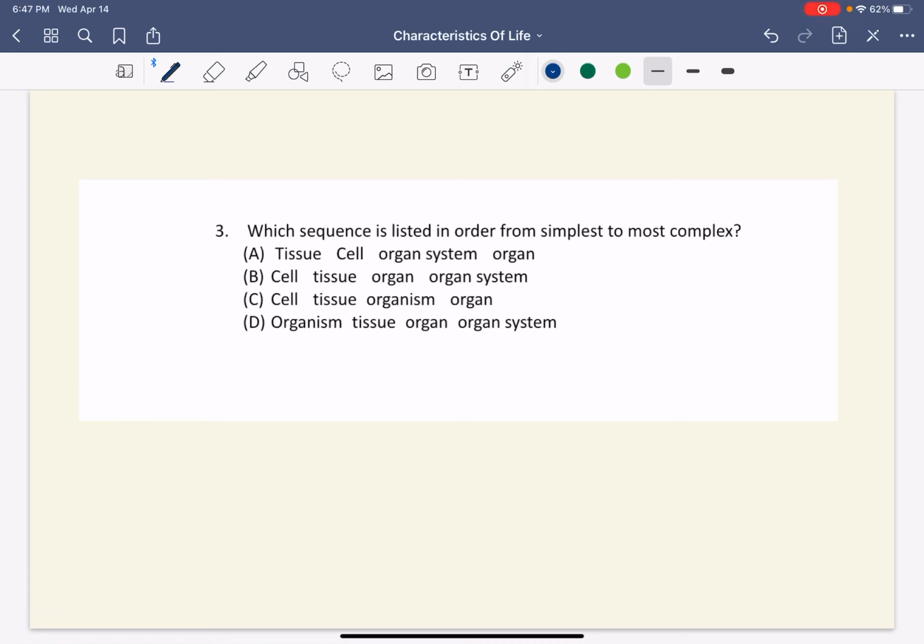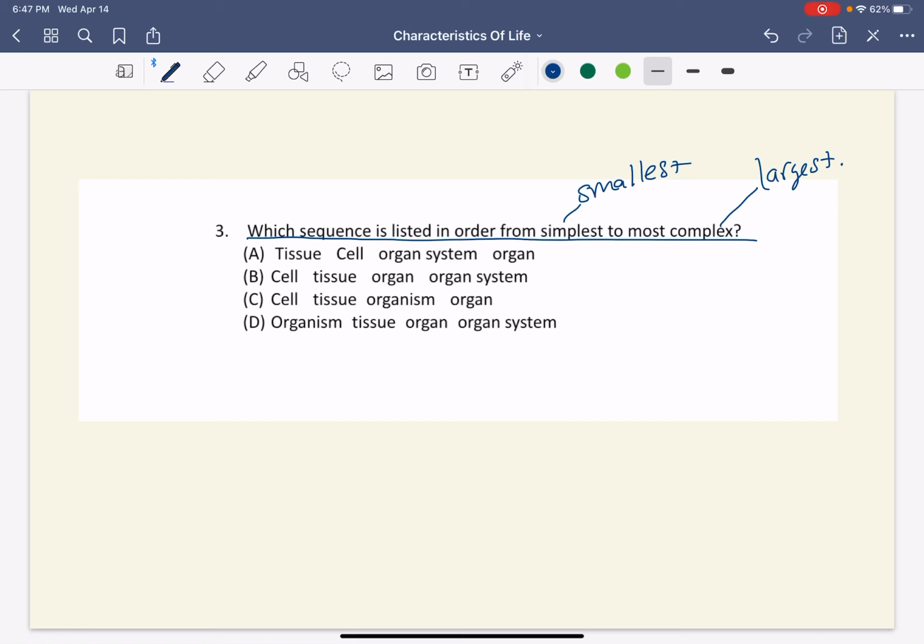Number 3, which sequence is listed in order from simplest to most complex? So this is part of characteristics of life, but it's going to welcome the way of learning about the cell. It's asking you to list the smallest to biggest. Simplest is smallest to most complex, largest, right?